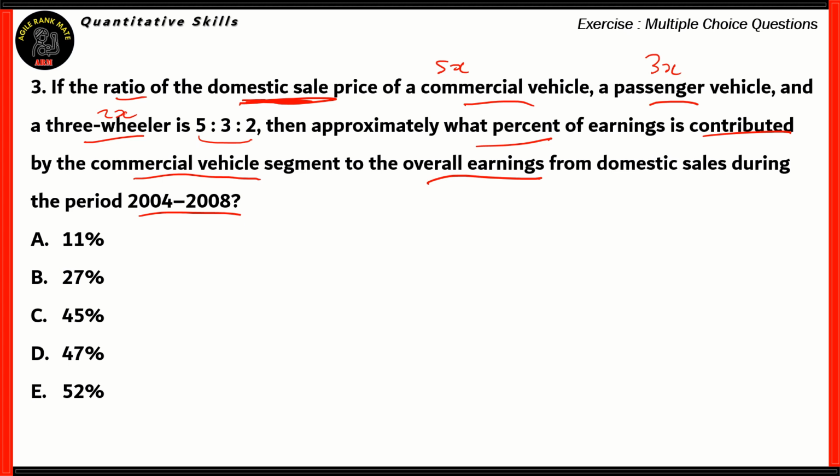Now, in order to solve this question, we need to find out the total passenger vehicles, total commercial vehicles, and total three-wheelers. And the period is 2004 to 2008, so basically we're taking the total passenger vehicles sold, total commercial vehicles sold, and total three-wheelers sold.